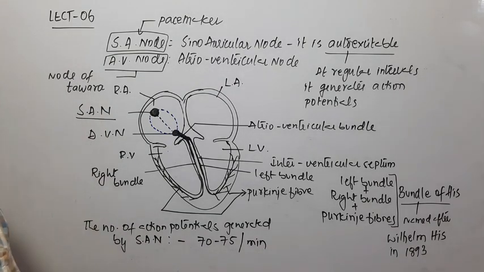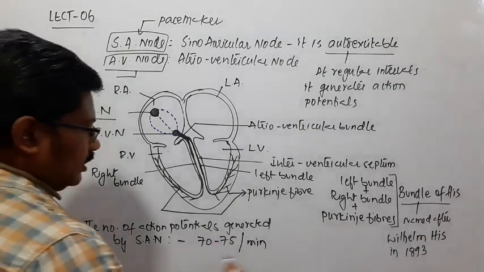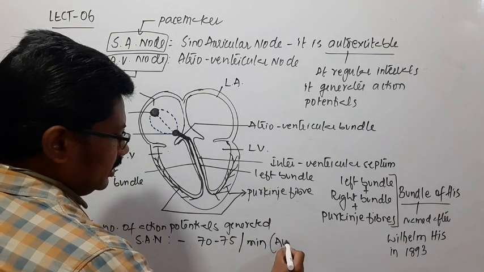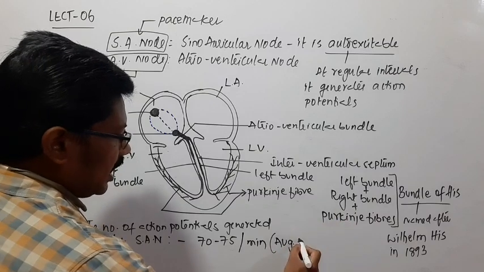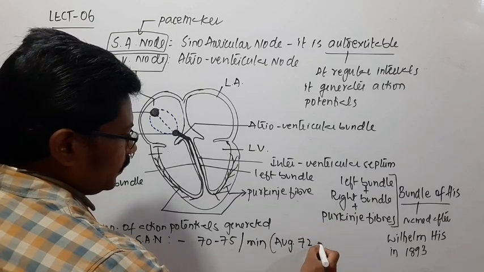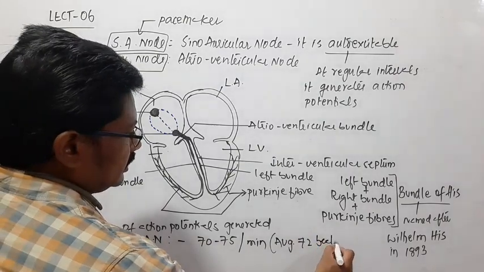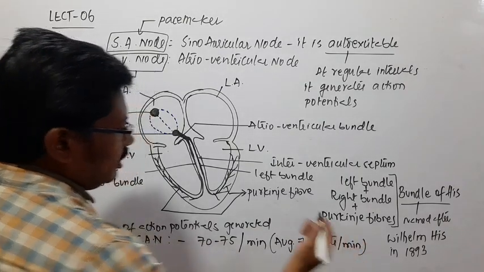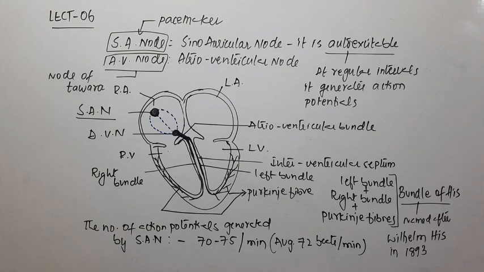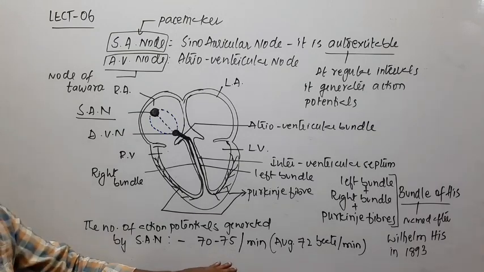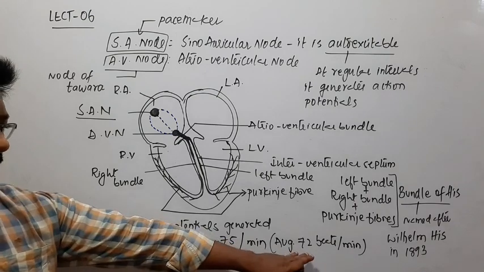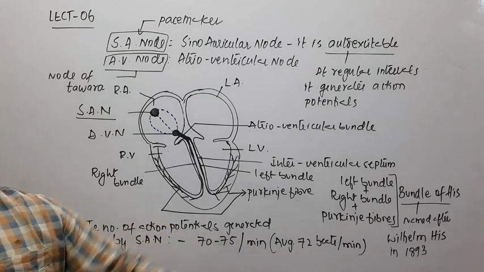As I already told you, each action potential corresponds to a heartbeat, a contraction. Hence you can take this average as 72 beats per minute.